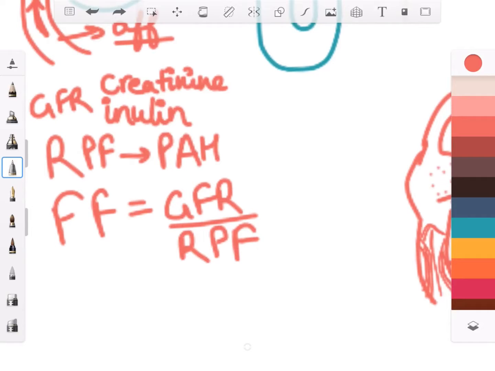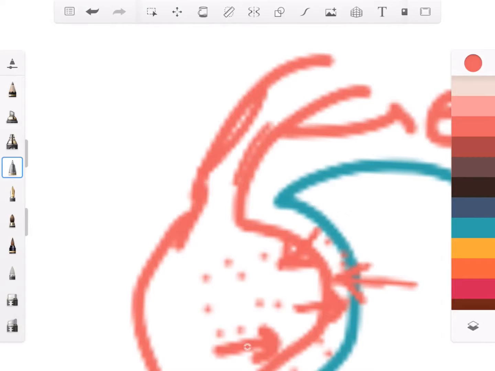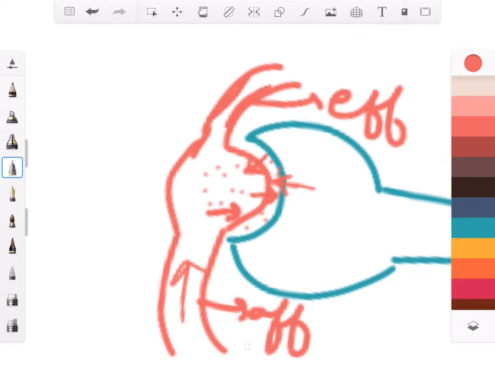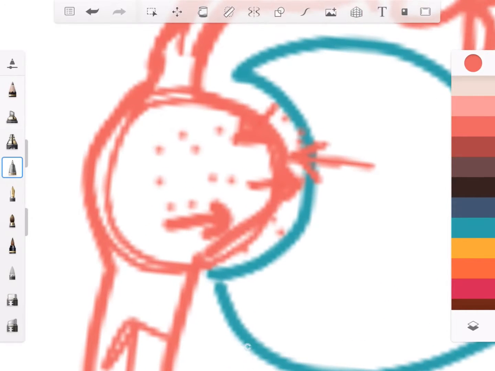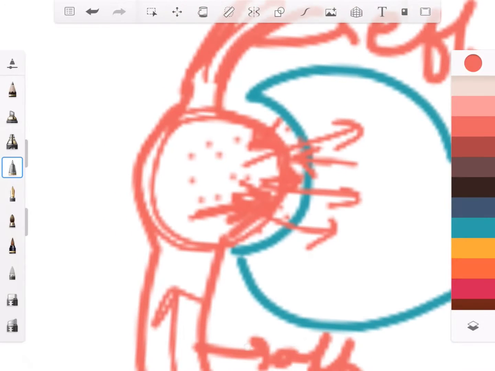Now, let's say that there is a constriction in the efferent artery. What is this going to do? If there's a constriction, that means the amount of blood that is coming in cannot go out at the same rate. So that is going to cause a lot of pressure in the glomerulus. So the hydrostatic pressure in the glomerulus is going to increase so much that it's going to increase the glomerular filtration rate to facilitate the backlog of blood.